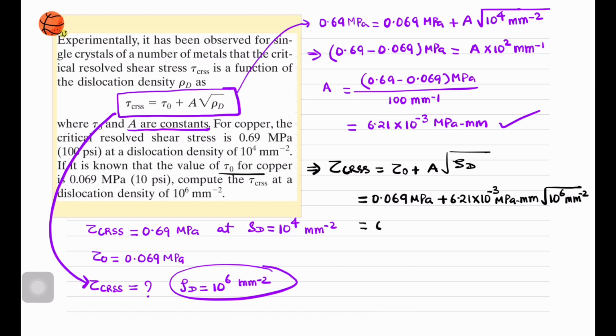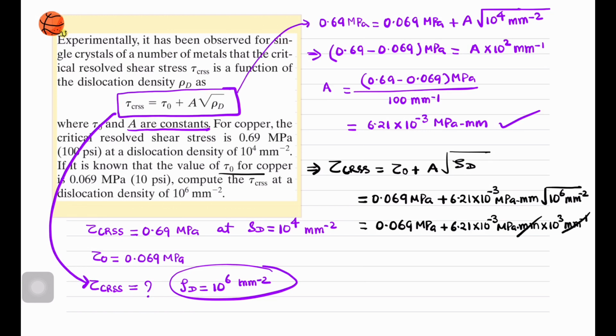If we solve it, we get 0.069 megapascal plus 6.21 into 10 to the minus 3 MPa into mm into 10 to the 3 into mm inverse.